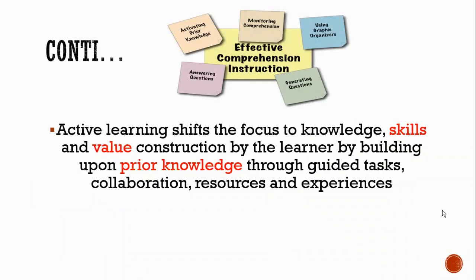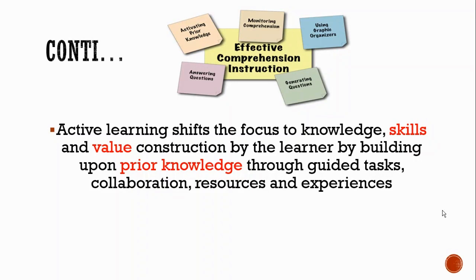And it's also good to understand that active learning shifts the focus to knowledge, but again, with more emphasis on skills and values. And how do we do this? You do it by building upon prior knowledge. I really talked about this when I said that in delivering a CBET class or session, you should not assume that your learners don't know.